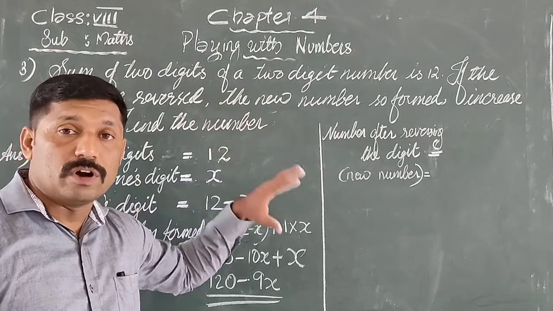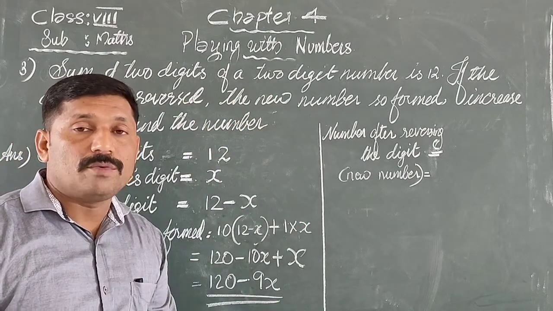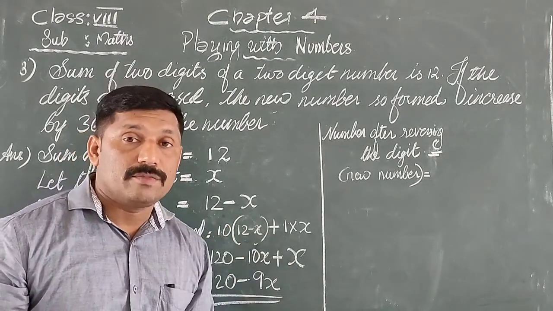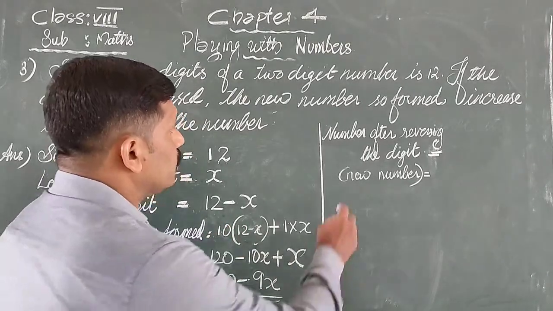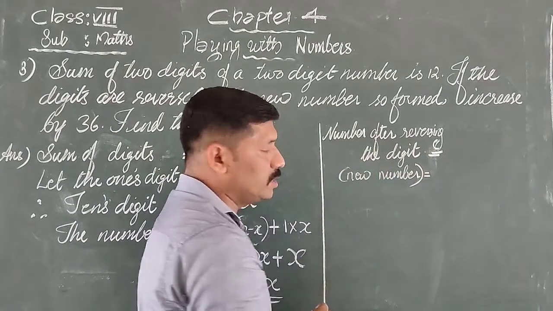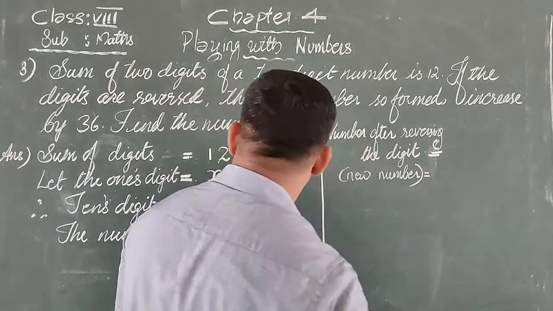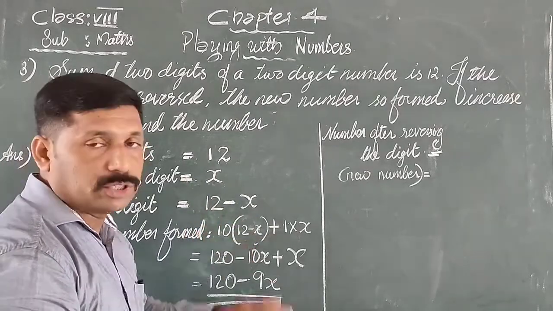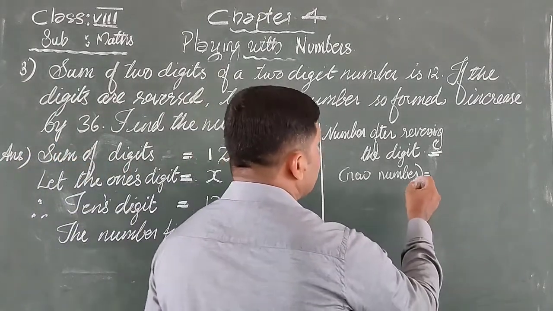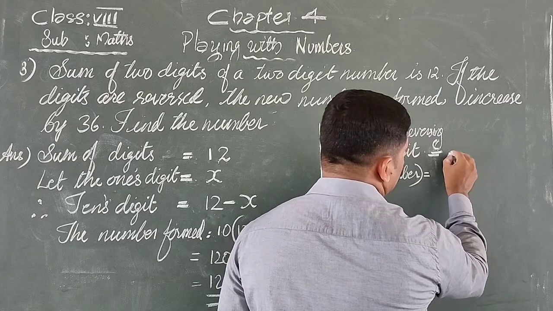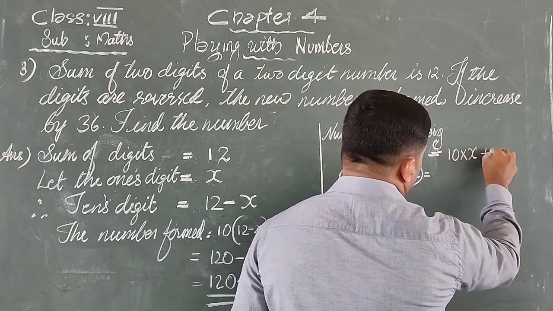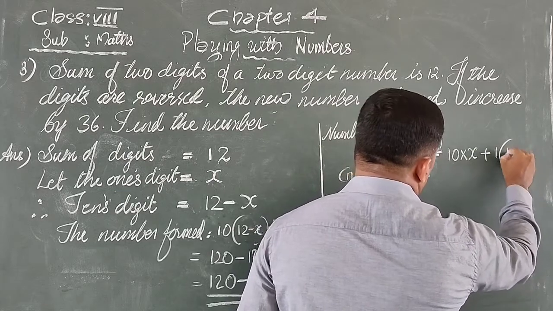The digits are reversed, then we get a new number. Now we want to find the number after reversing the digits. How to reverse the digits? The ones place goes to tens place and the tens place comes to ones place. So the ones place goes to tens place: 10 into x plus 1 into (12 minus x).